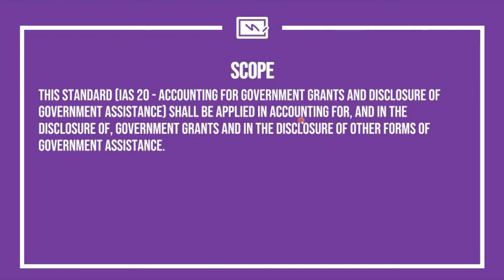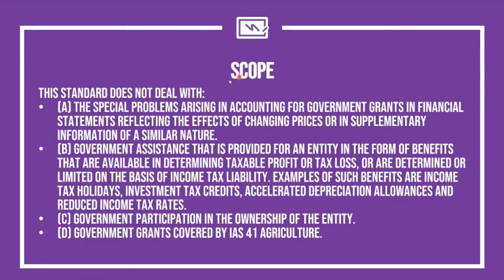the assistance. So for the scope, the standard basically covers all government grants and government assistance except for those that are specifically provided from A to D. So first is the special problems arising in accounting for government grants in financial statements reflecting the effects of changing prices or in supplementary information of a similar nature.